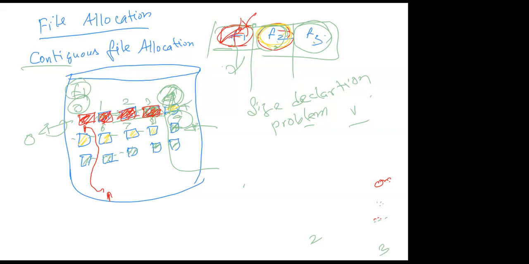Let's say it previously had 512 times 4 bytes. Now you edit it and it becomes, let's say, 2050 bytes.